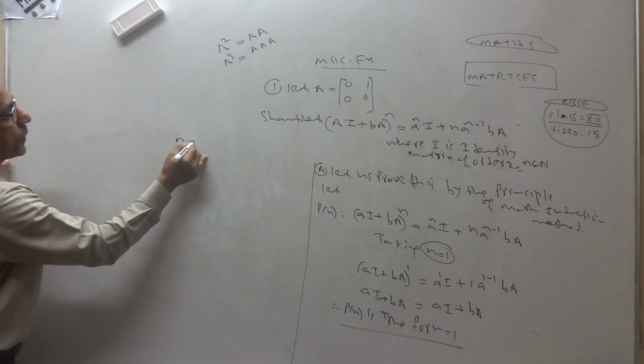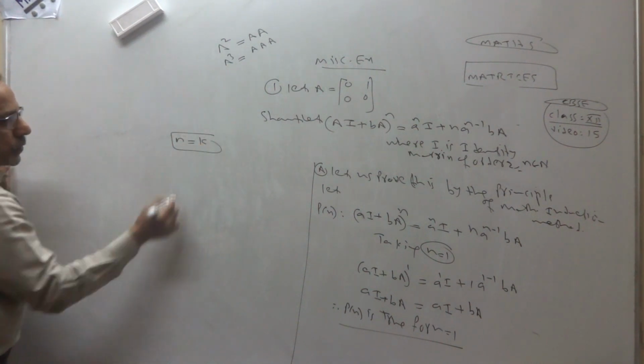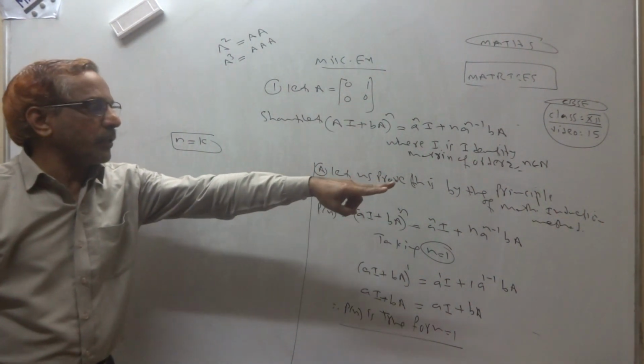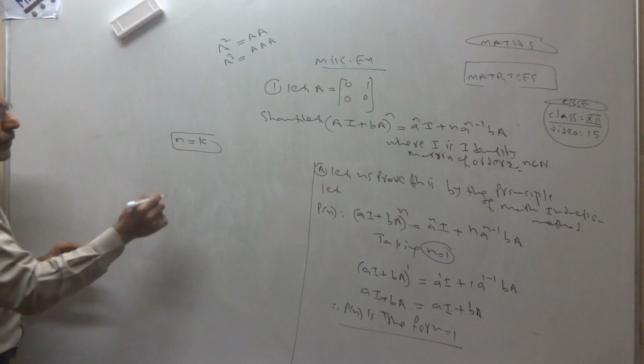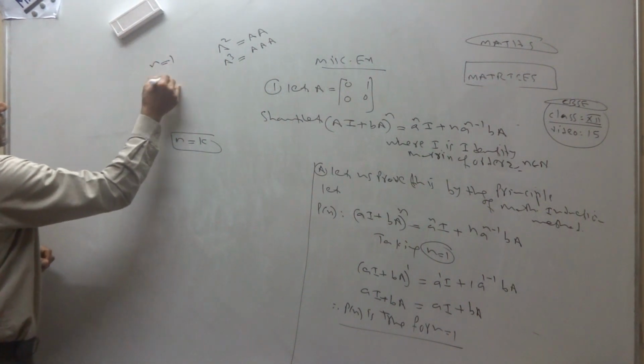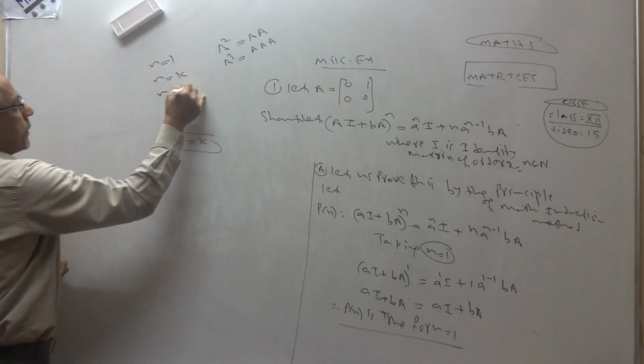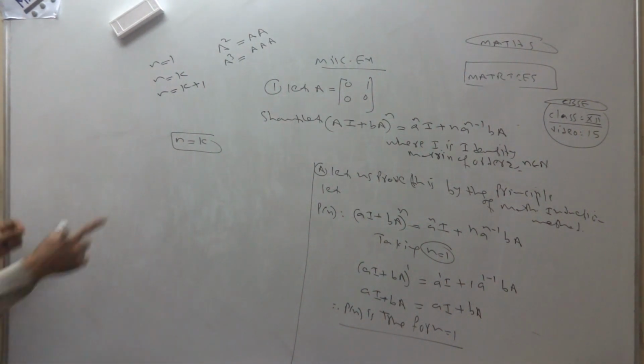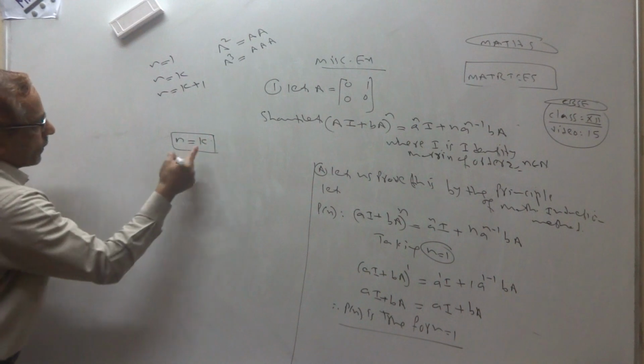Usually we take 3 steps. The principle of mathematical induction means n equal to 1, n equal to k, n equal to k plus 1. You should know this principle of the induction method. So now the second step, n equal to k.